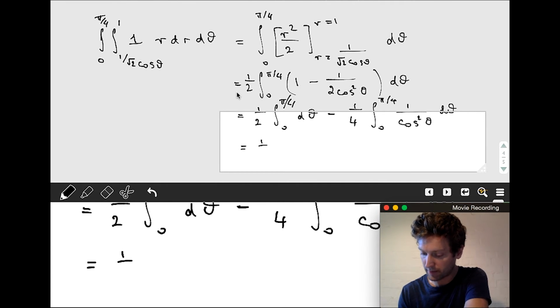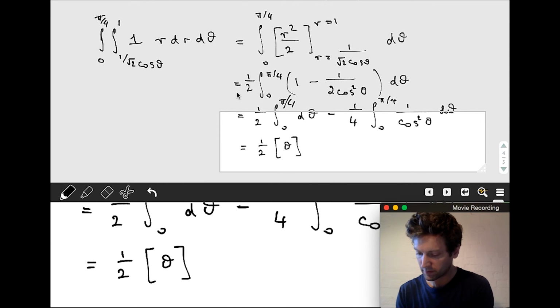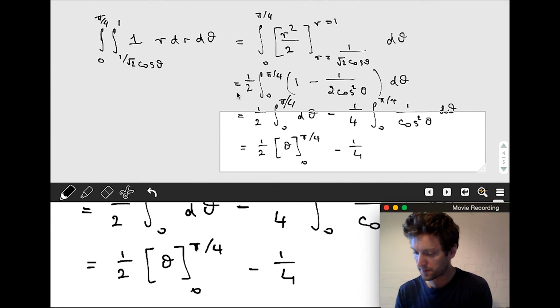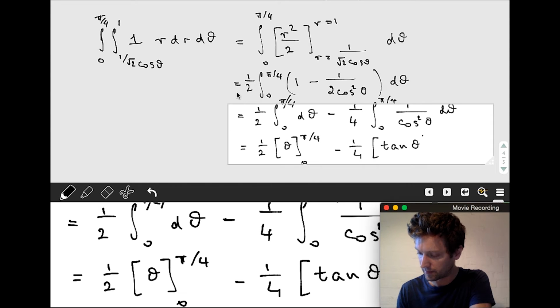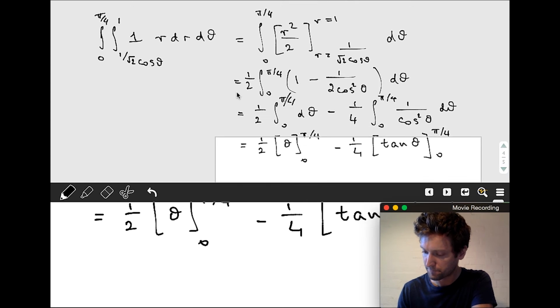So I've got 1/2 of theta from 0 to pi over 4 minus 1/4. And what's the integral of 1 over cosine squared theta? Well, that's one of the tabled integrals. It's the tan. So we've got the tan of theta from 0 to pi over 4.